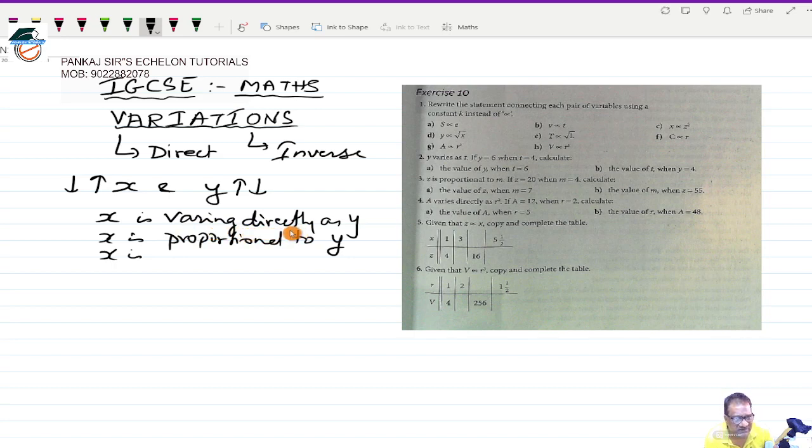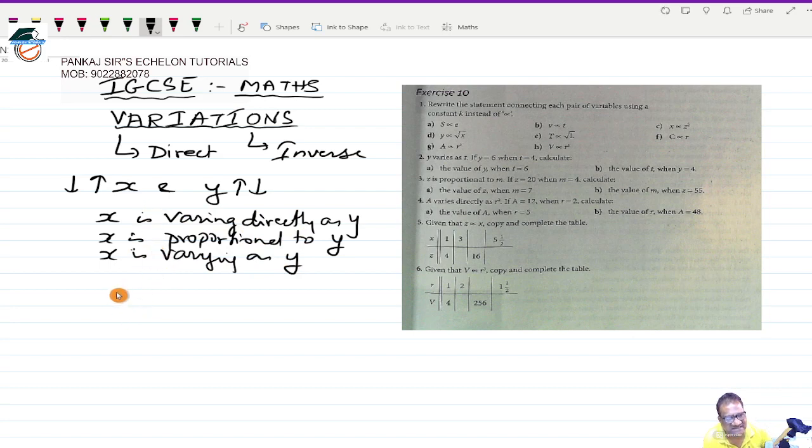If you don't use the word directly, it doesn't make any difference. So x is varying as y. Whether you use the word directly along with varies or proportional, it doesn't make any difference. Proportional to y, varies as y, directly proportional to y or directly varies as y all mean one and the same thing.